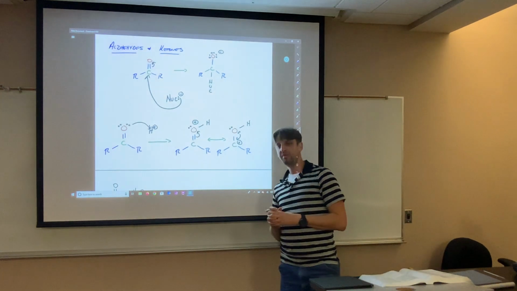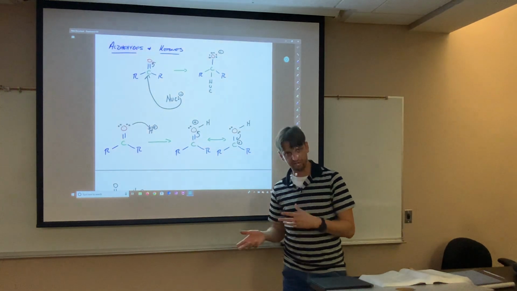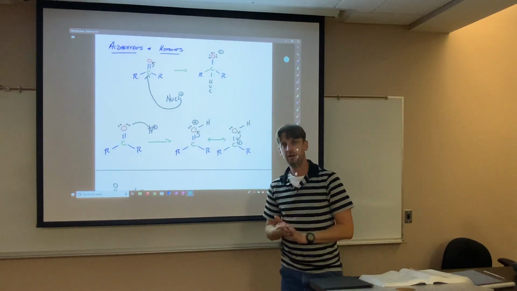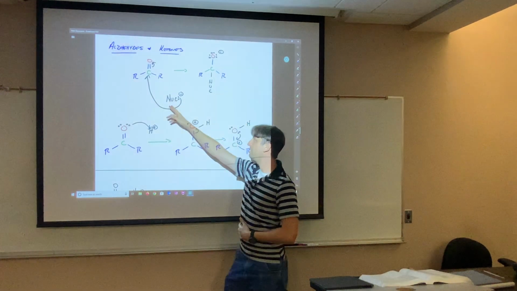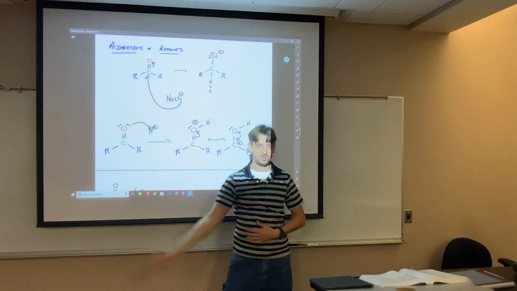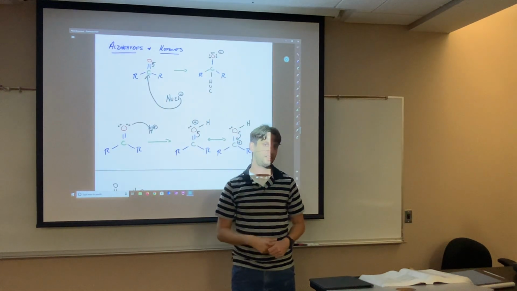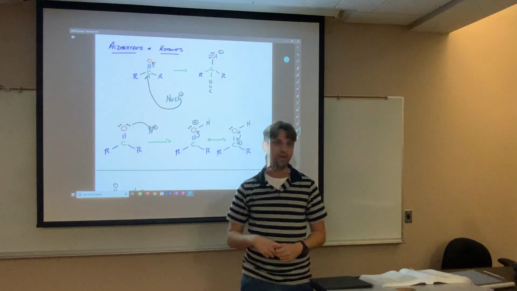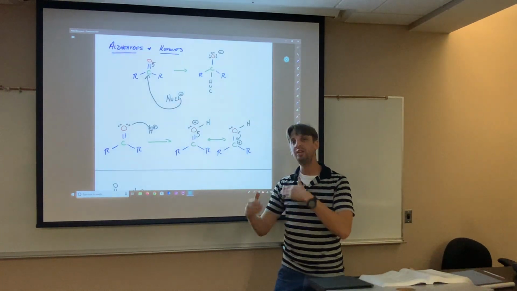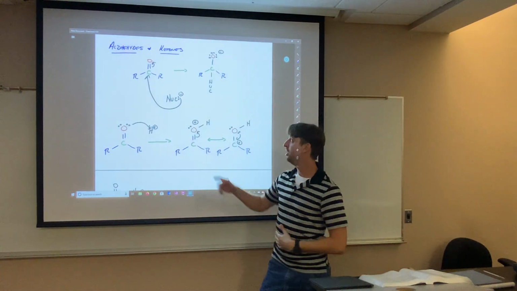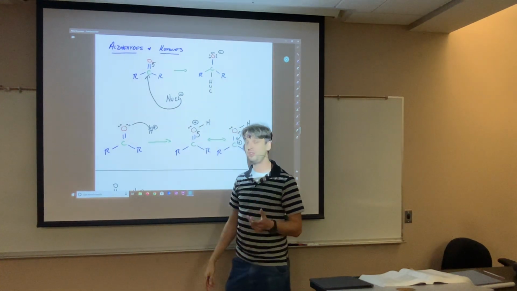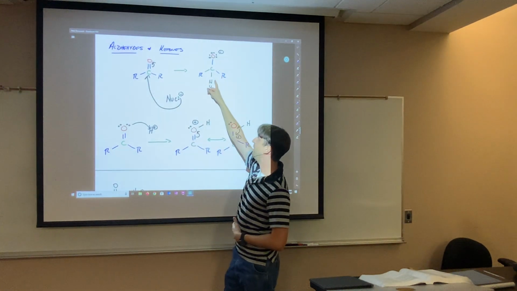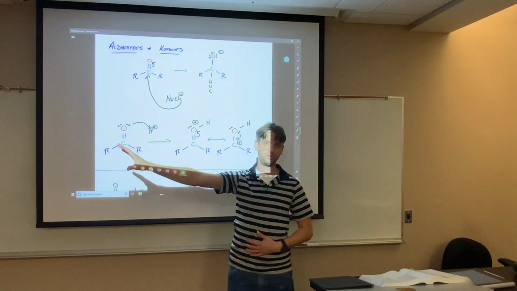What we're going to see is this mechanism where we open the door and we close the door, as I call it. So what's going to happen is we break this pi bond and it's going to want to reform and kick something off, okay? So there's a strong drive to reform carbonyl compounds. We have a nucleophilic attack. If one of these was a good leaving group, we would see that double bond reform and kick off a leaving group.